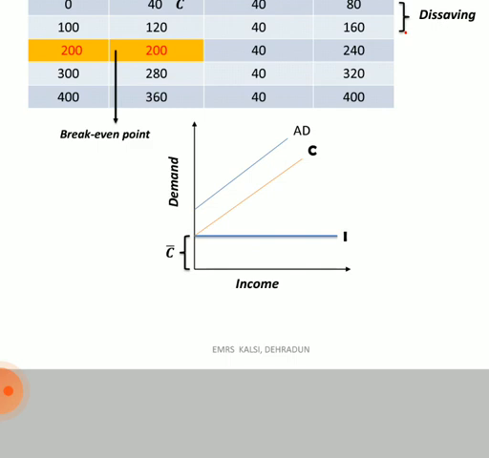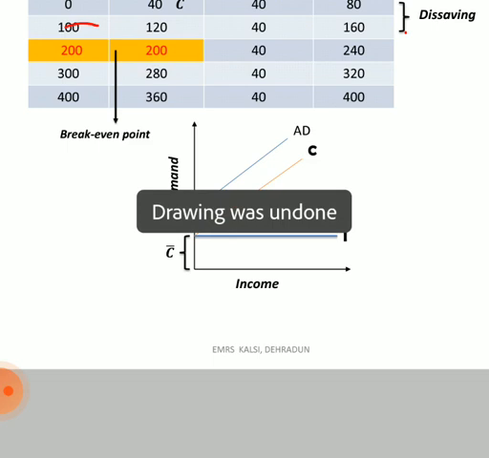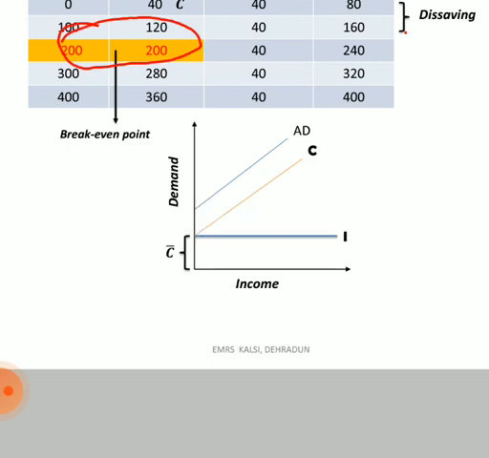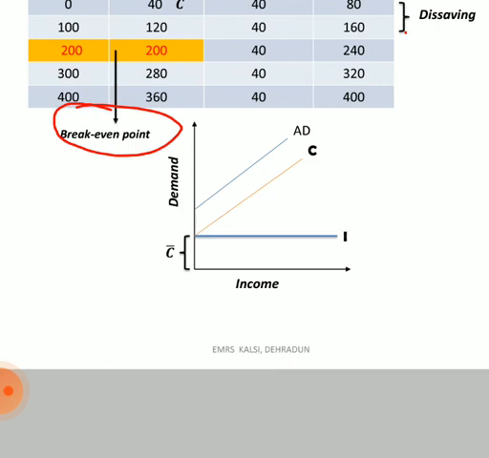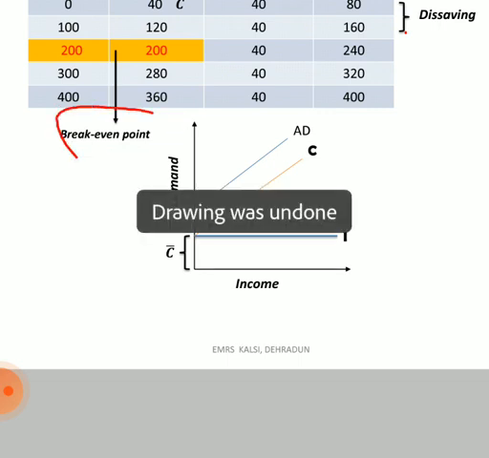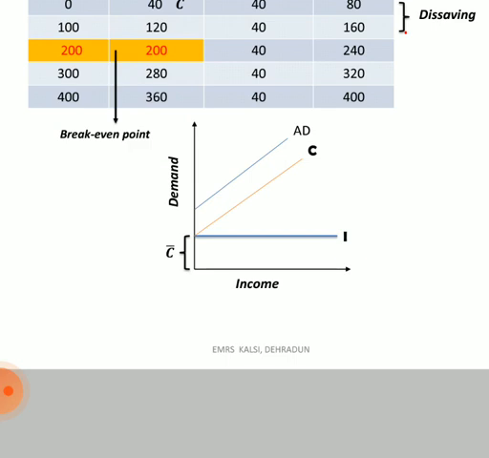And when income and consumption are at the same level, means you are earning 100 rupees and you are spending 100 rupees, that level is called break even point. When your income and consumption are the same, that point is called break even point. So remember this. This might come in your MCQ or in a 1 mark question.